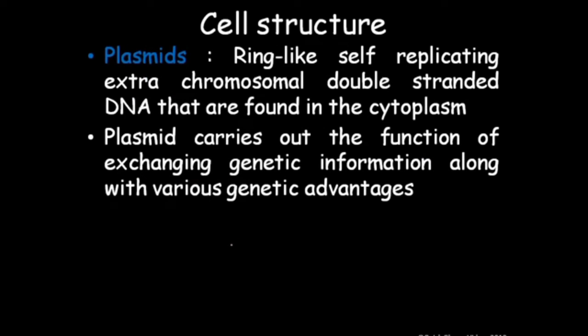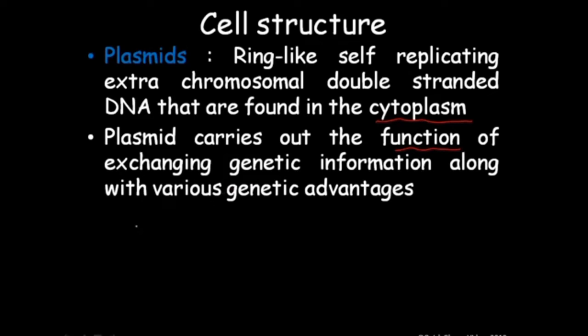Plasmids are ring-like self-replicating extrachromosomal double-stranded DNA. They are found in the cytoplasm. They act as genetic material in the cell, and plasmids are divided on the basis of the various functions they perform in the cell. So they help in exchanging genetic information.